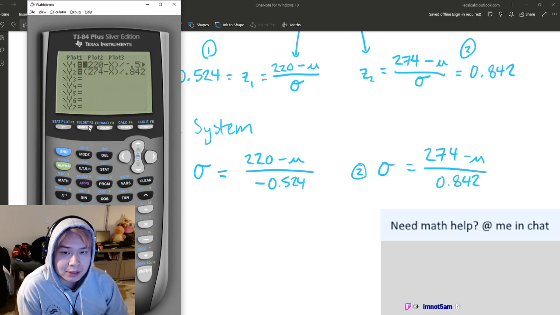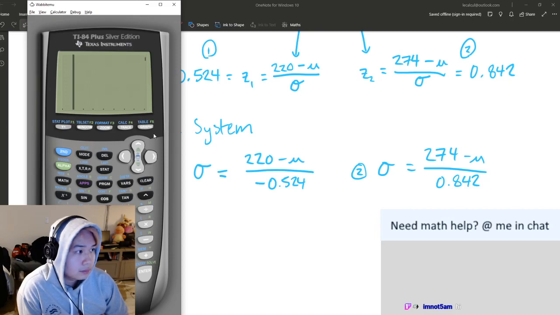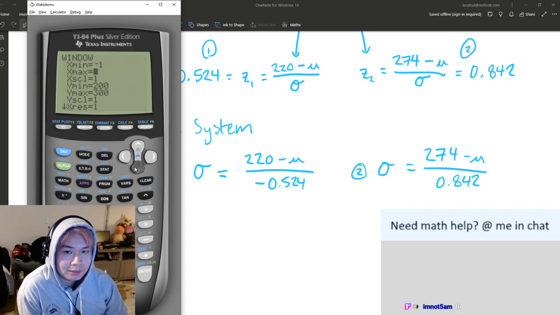So let me change my window. I need to fix my window.